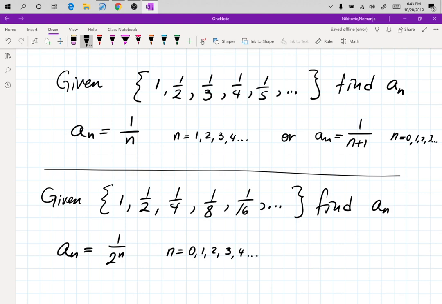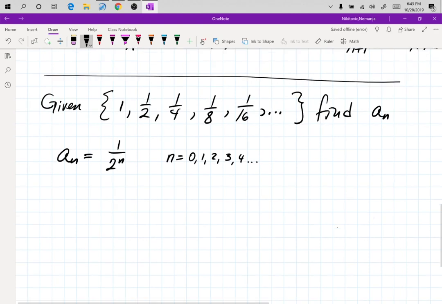Because 2 to the 0 is 1, 1 divided by 1 is 1. And then 2 to the 1 is 2, you have your 1/2. Then 2 to the 2 is 4. 2 cubed is 8, 2 to the 4 is 16, and going on. Awesome.